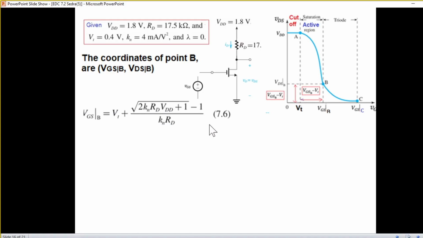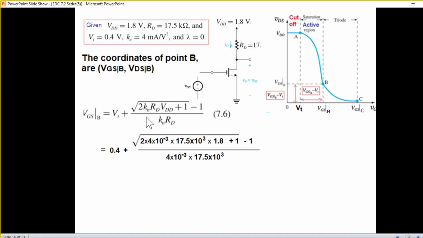We'll use the formula now. This was the formula that we derived. We now plug in all the values from here, and solving, you will get this answer. I hope by now you know how to solve it. Very simple.